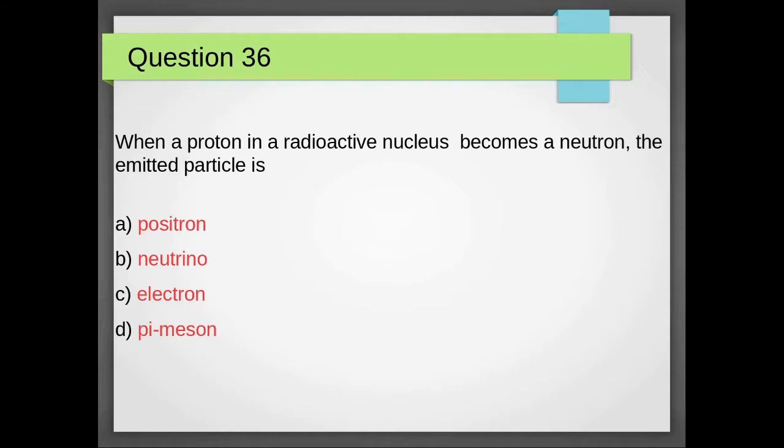But scientists have discovered that when a proton is forcibly bombarded with another proton, or you combine it with another elementary particle called a neutrino, it turns into a neutron. So the answer here is option B, which is neutrino.